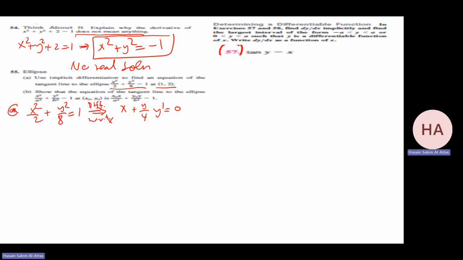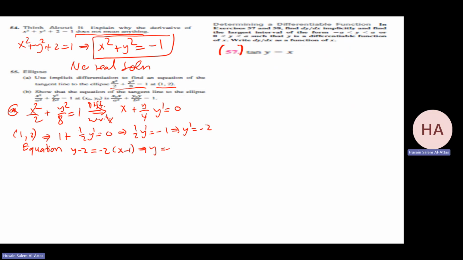Now substitute the point. The point is 1 and 2. I get 1 plus half y prime equals 0. So half y prime is equal to minus 1. That means y prime equals minus 2. So the equation will be y minus 2 equals minus 2 times x minus 1, which means y equals minus 2x plus 4.